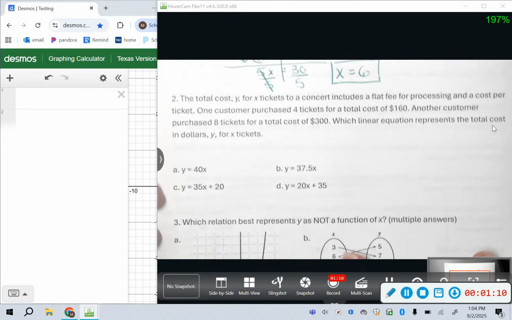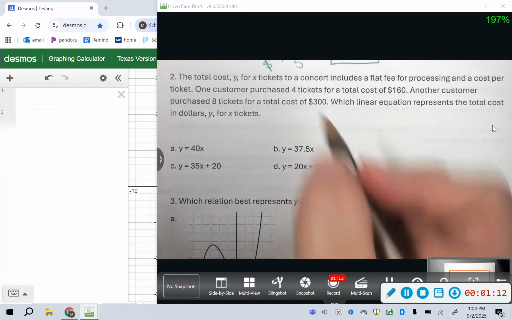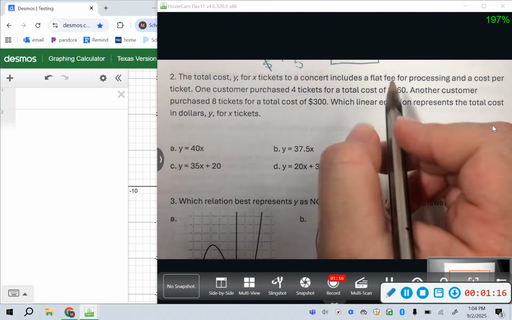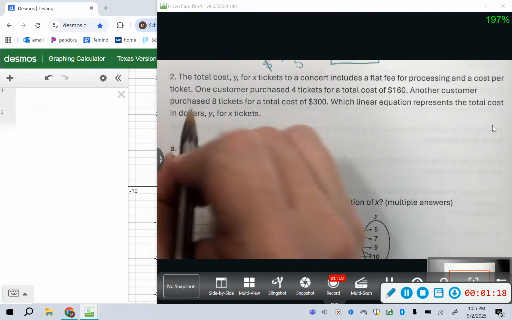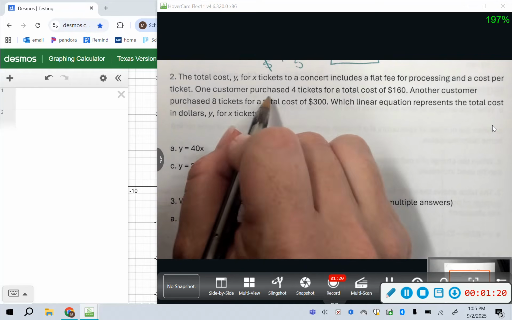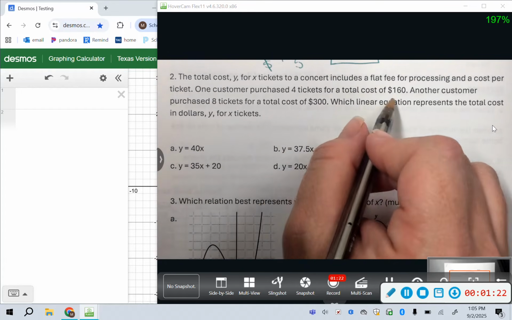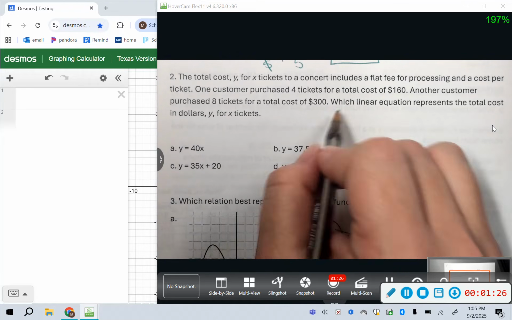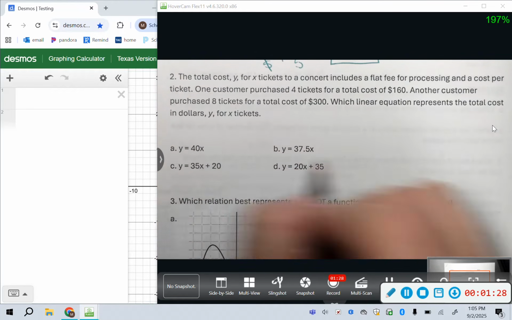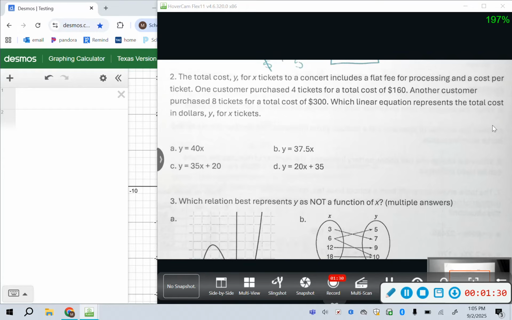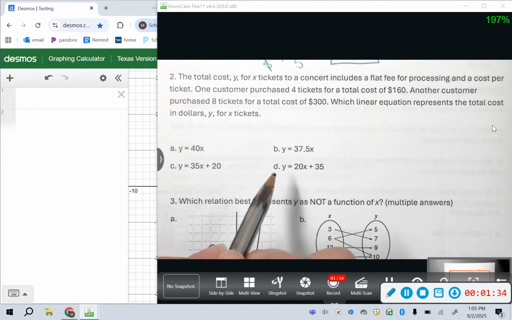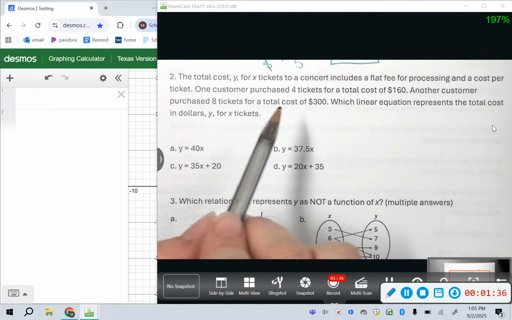Okay, look at number 2. It says the total cost y for X tickets to a concert includes a flat fee for processing and a cost per ticket. One customer purchased 4 tickets for a total cost of $160. Another customer purchased 8 tickets for a total cost of $300. Which linear equation represents the total cost in dollars y for X tickets? Well, it doesn't give me enough information to just write an equation, but it does give me 2 points.